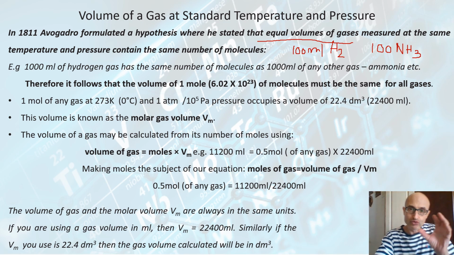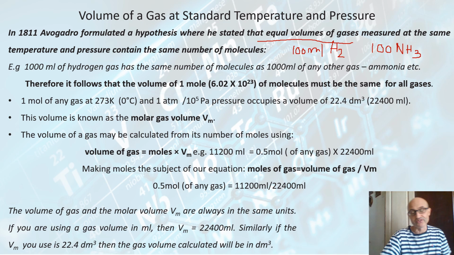Now, if we were to measure the volumes of these gases, 100 mils of hydrogen and 100 mils of ammonia, at the same temperature and the same pressure, there will be the same number of molecules.